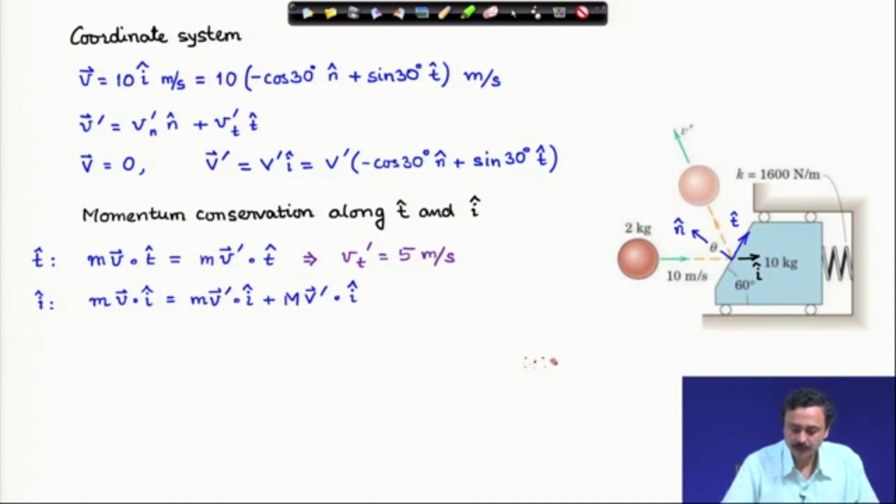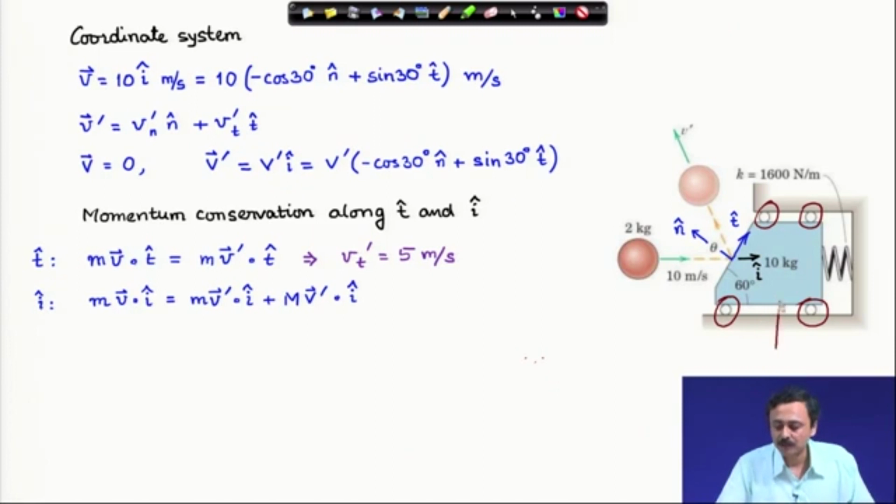Let me first tell you something about the condition under which this carriage is sitting. This carriage, as you can see, has these wheels. Therefore, once this ball comes and hits, it will have an impulsive reaction force from the ground as well.